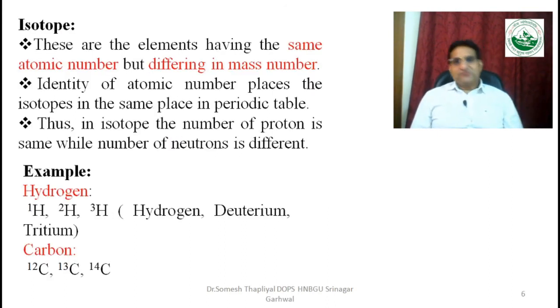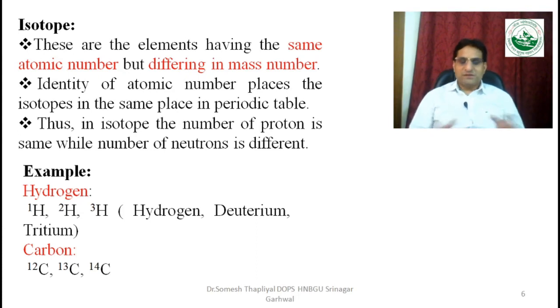Now what is an isotope? Elements having the same atomic number but differing in mass number are known as isotopes, and because they have the same atomic number, they are placed in the same place in the periodic table. So we can say that isotopes are elements which contain the same number of protons but different numbers of neutrons.